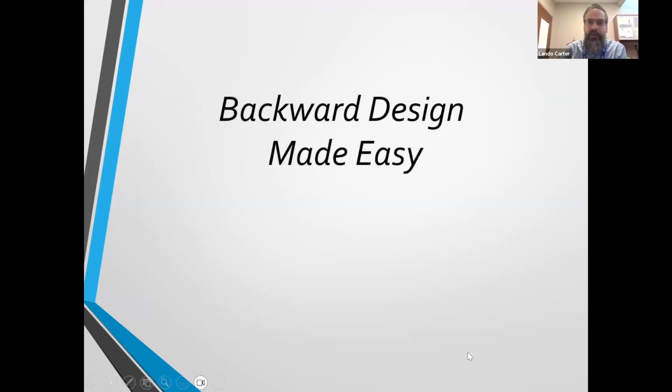So, backward design made easy. Those three stages really can take years of errors off of your teaching that I had to endure because I just didn't know this. I was literally filling time versus making the most of my time aimed at outcomes in advance.